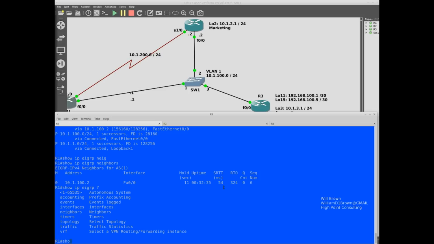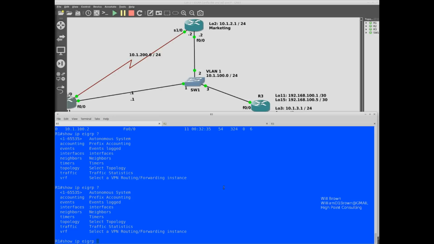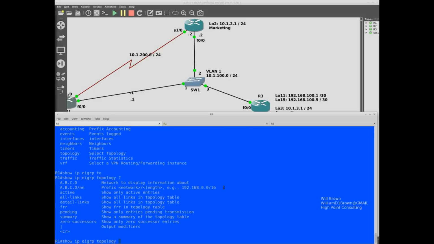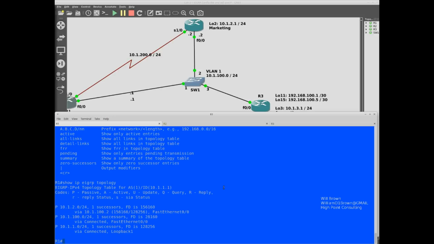I'm drawing a blank here. Okay, we looked at topology.